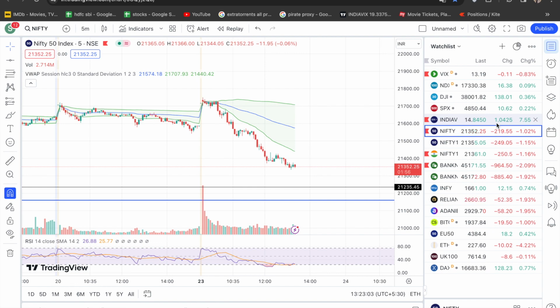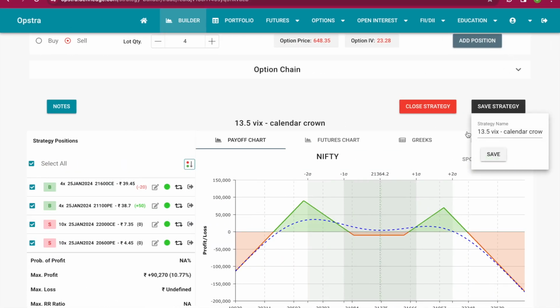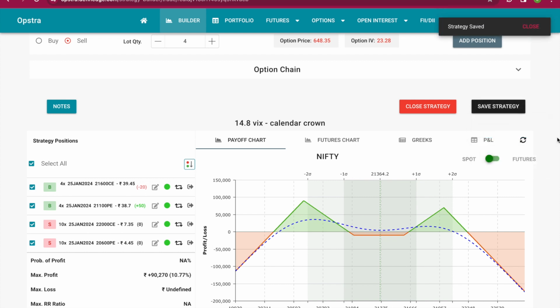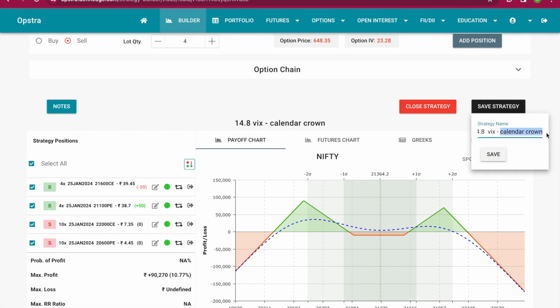For this, the effective India VIX is the same, 14.84. The same strategy. Now this calendar strategy was the base strategy which did not work out, and currently we have gone ahead and worked out with the Batman itself, and our current strategy is called Batman only.